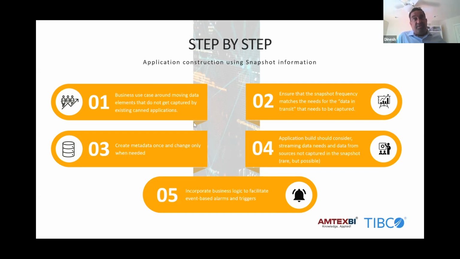And the good thing here is that you can define the components that you really want. It could be as small as one table that you're snapshotting. Once your snapshot frequency is defined, the data in transit can be captured effectively. And from that point on, this is like designing any other BI application.